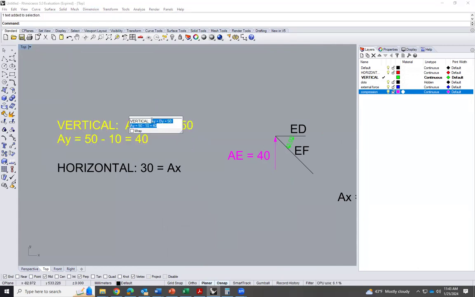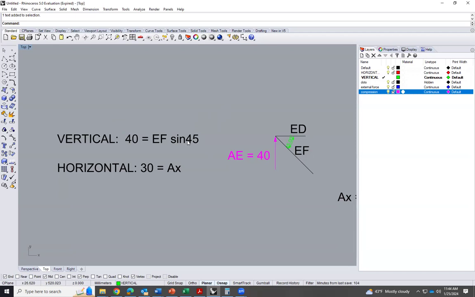So in the vertical equilibrium, we have 40 going up. And what goes down? It's the vertical component of EF. What is the vertical component of EF? It's going to be EF sine 45. And that goes down.